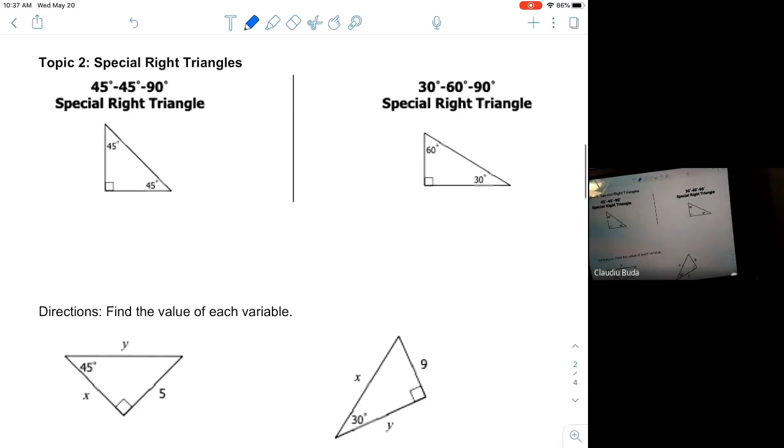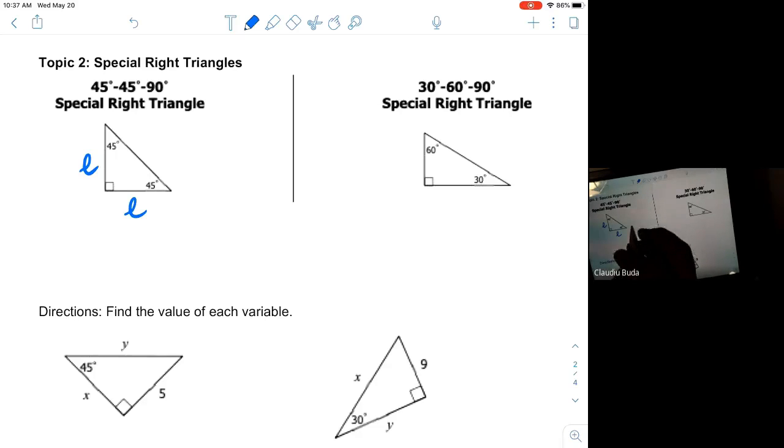Topic number 2 is special right triangles. We looked at 45-45-90 and 30-60-90. In a 45-45-90 right triangle, we know that this is an isosceles triangle.